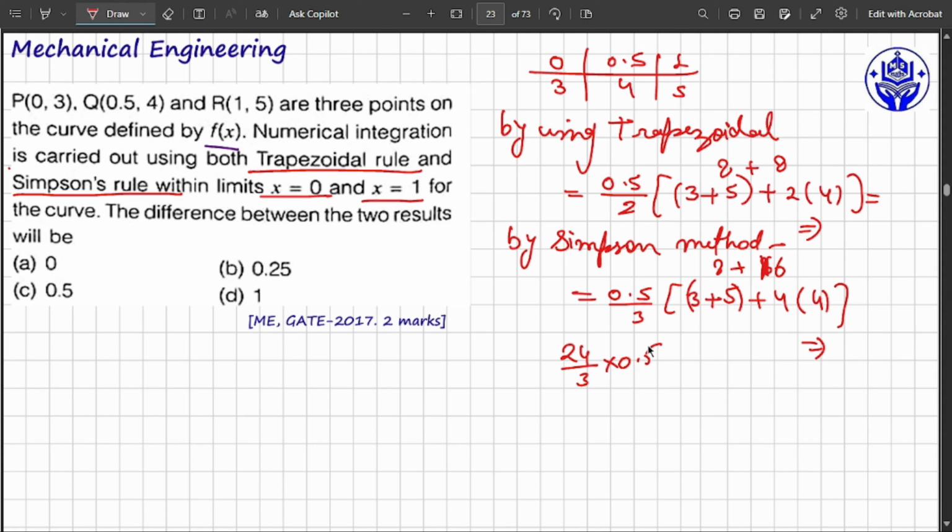So it is 24 by 3 into 0.5, giving 6.4, and the other is also 6.4, just double. So the correct answer is 0 here.